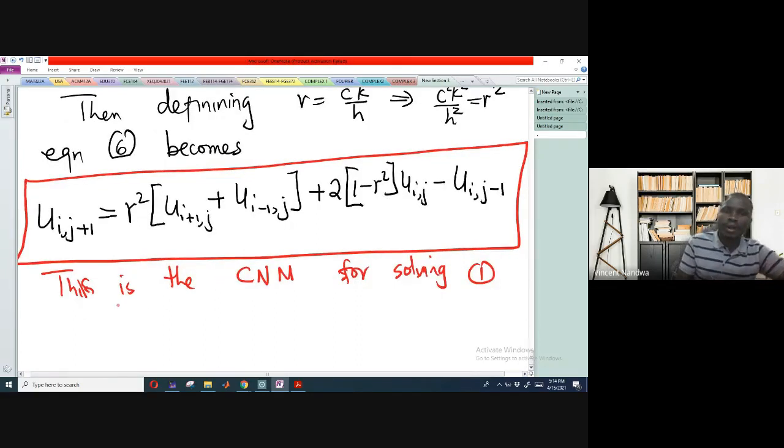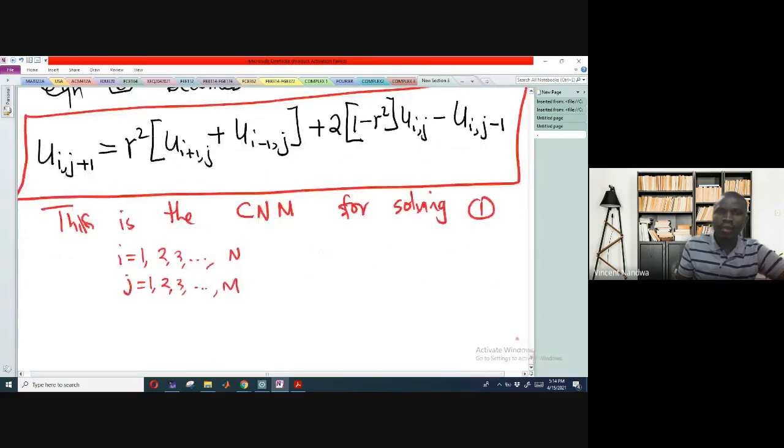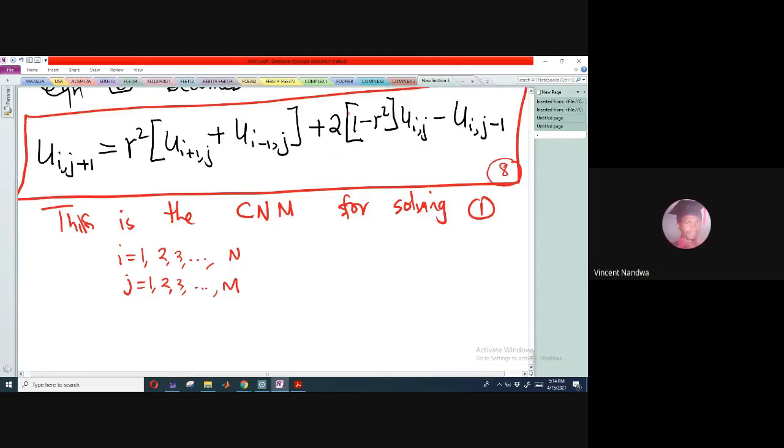Remember, i is from 1, 2, 3, up to n, and j is from 1, 2, 3, up to m. So call this one equation 8, this formula here.